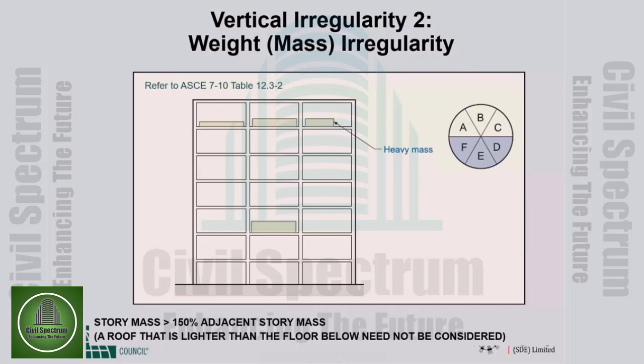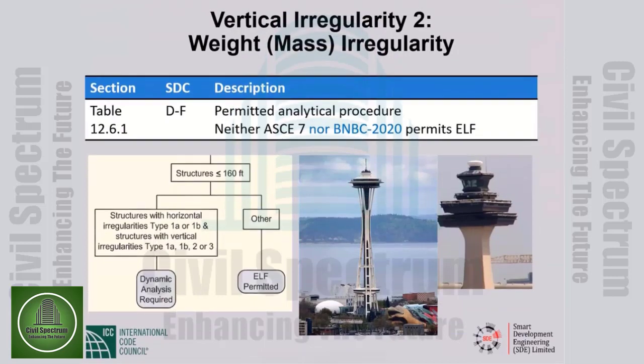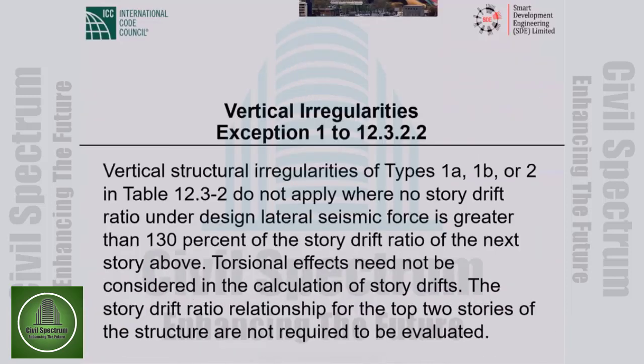But otherwise, story mass larger than 150% of adjacent story mass will give you this weight or mass irregularity. And here also, what will be required is dynamic analysis rather than equivalent lateral force procedure. That is the only restriction imposed on us if we have a mass irregularity.